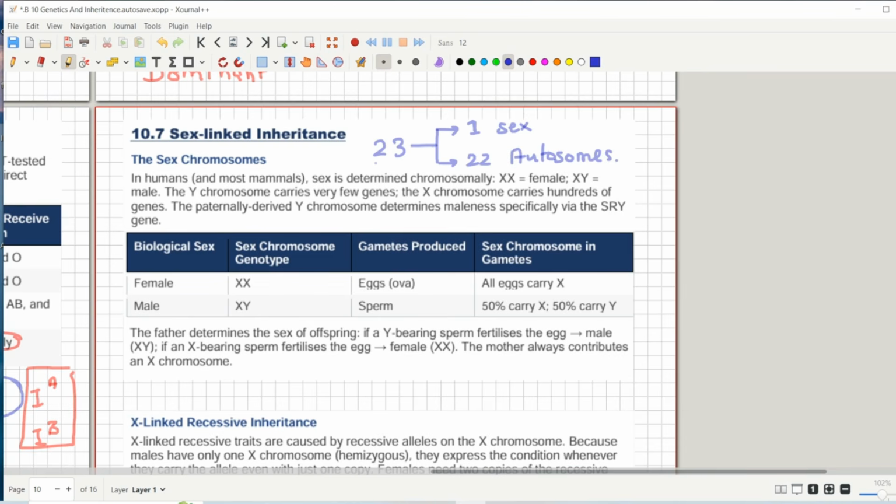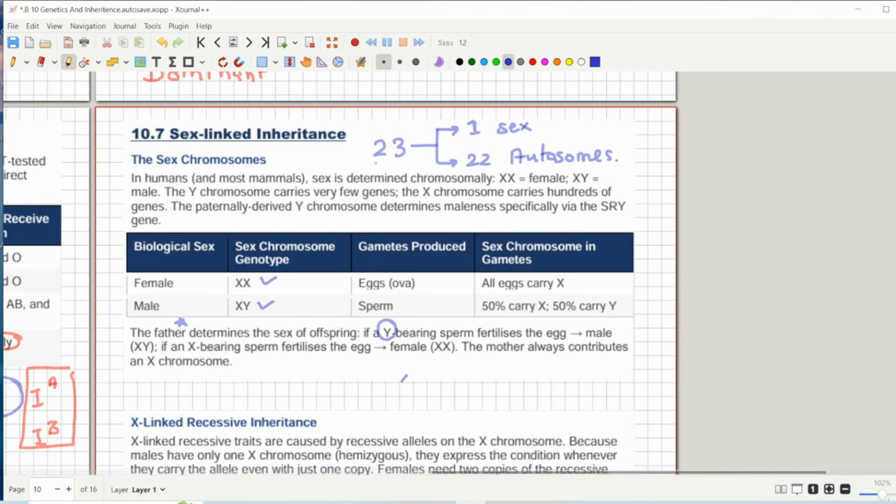If you have X and X chromosomes, then it is going to be a female, and if it has X and Y chromosomes, then it is going to be a male. So who determines the sex of the offspring? It will be the father, because the Y chromosome is in the father. If the female is giving X chromosomes, then either X or Y will come, depending on the father.